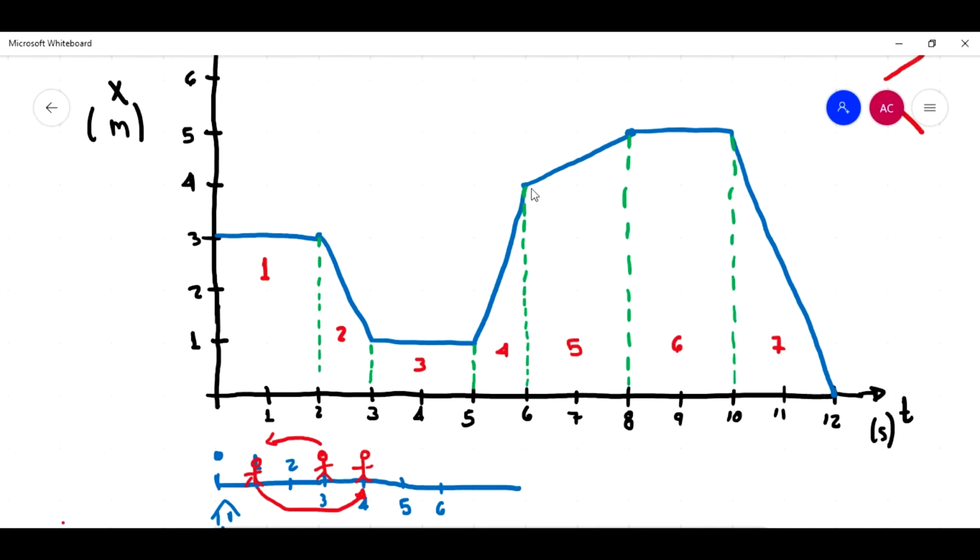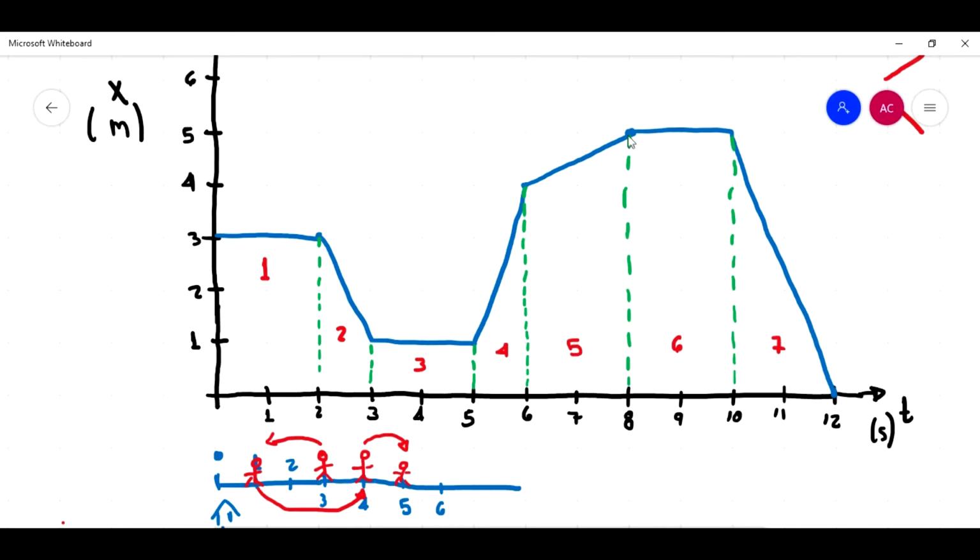Now I'm at 4 meters, and then immediately I'm going to jump to 5 meters. Of course, these motions require time. For example, in segment number 4, it took him only 1 second. In number 5, it took him 2 seconds.